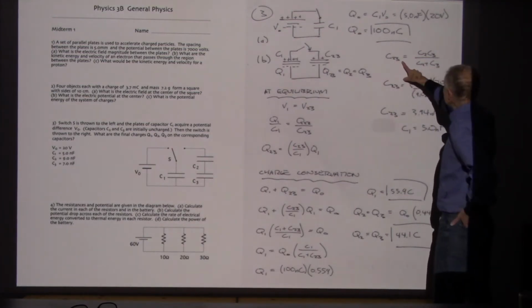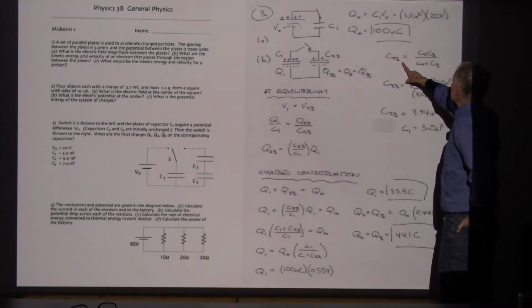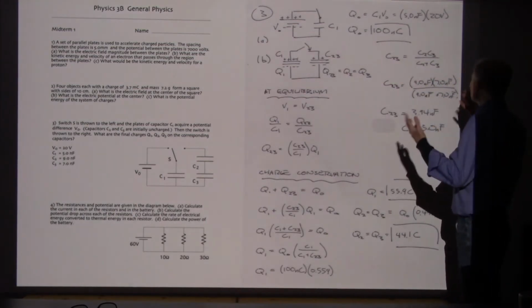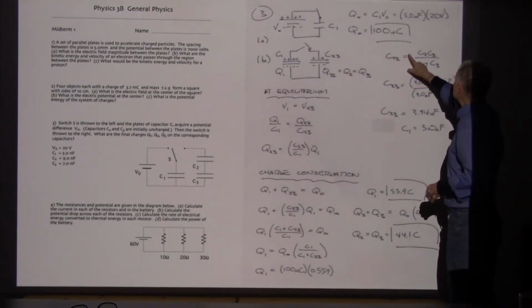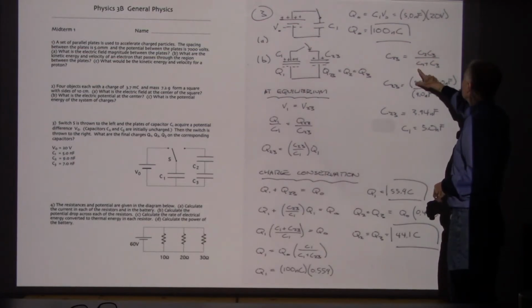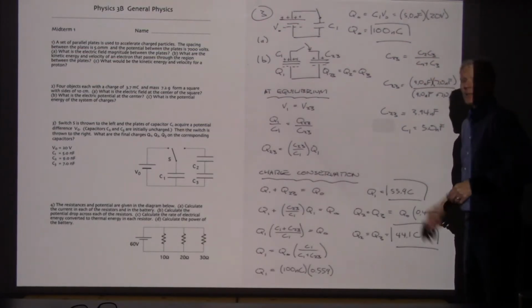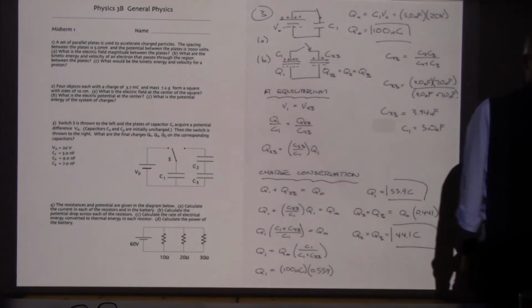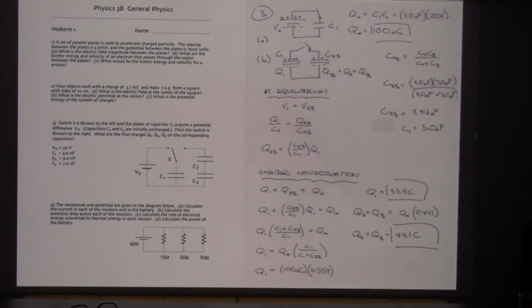This is the same formula that we looked at earlier, just written a little differently. You can write C23 as C2 times C3 over C2 plus C3. Now that works if you have 2. If you have 3 or more capacitors in series, that gets more complicated.